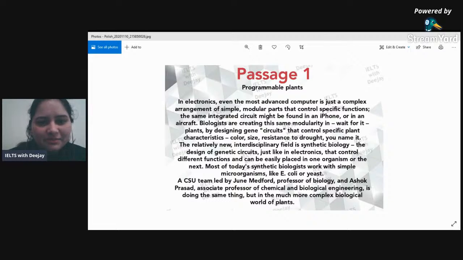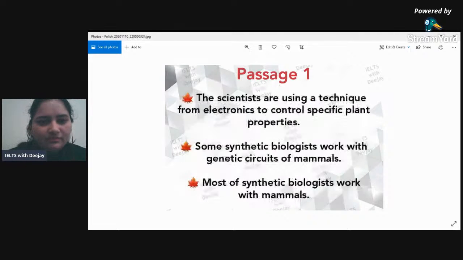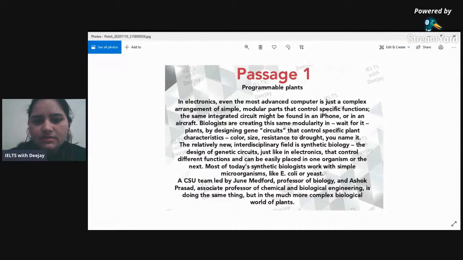Let me see. The question says most synthetic biologists work with mammals. Most means 90% or 95% from 100%. That means most. And what does the information say?